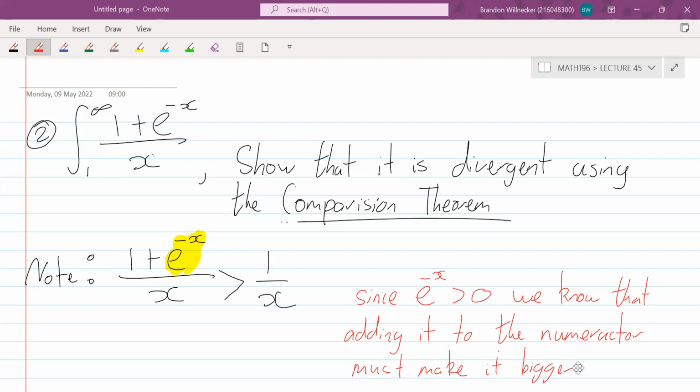So if we remove it from this left-hand side expression so that the numerator just becomes 1, then the fraction must become smaller.